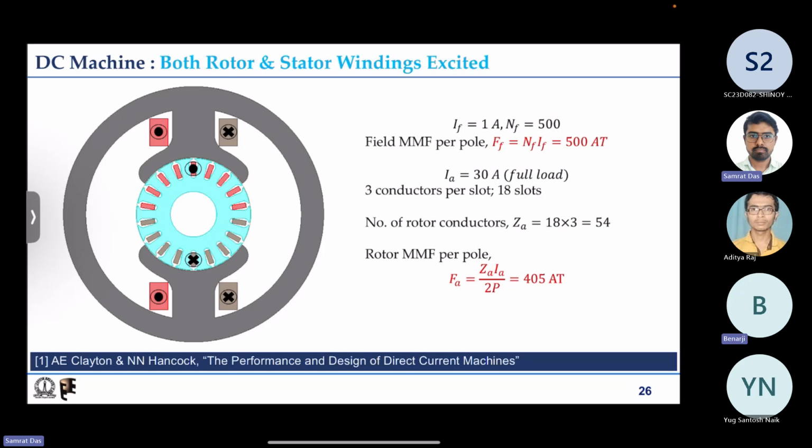Now I think you already can tell. You have armature winding and field winding. Which winding do you think will have higher inductance? Rotor winding? Which one will have higher inductance?